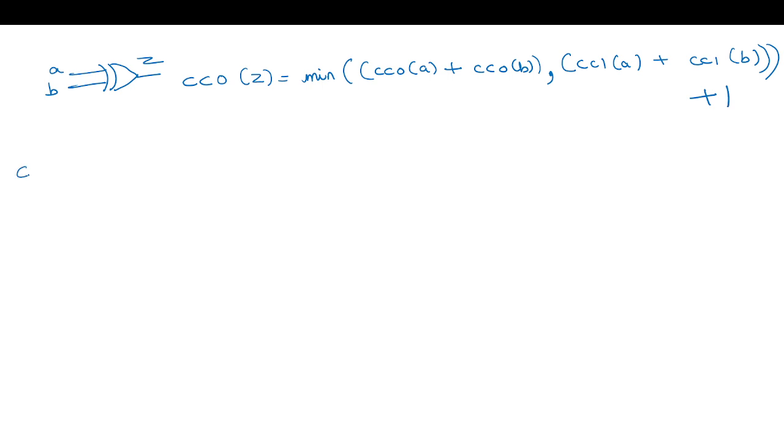And similarly for 1, it should be 0, 1 or 1, 0. So again, minimum of CC1 of A plus CC0 of B, or CC0 of A plus CC1 of B, plus 1.